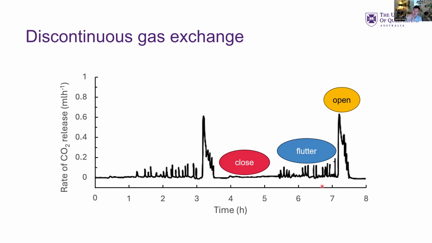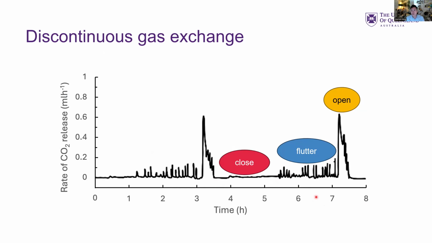So the purpose is to let the oxygen back in just enough to meet the aerobic demands of the animal at that point in time. And then the open phase basically has a huge release of carbon dioxide, and then this pattern repeats, right? It goes back again to the closed phase, the flutter phase, and the open phase.